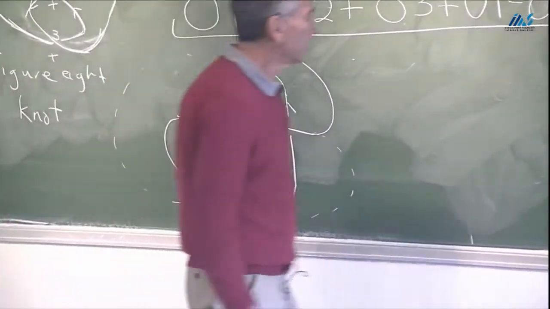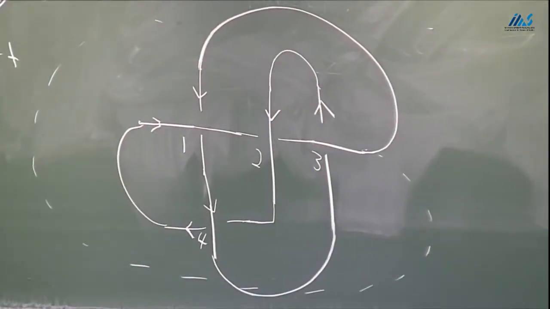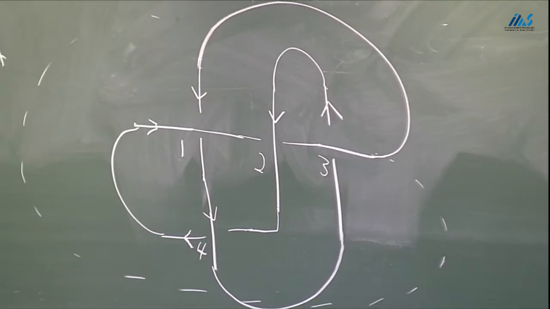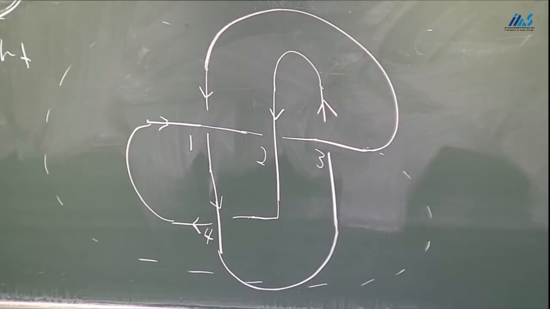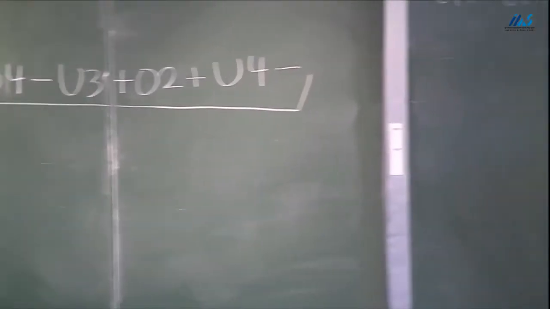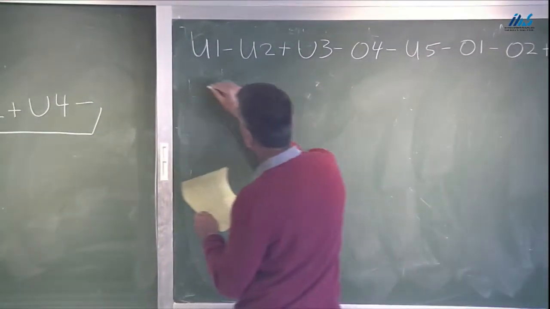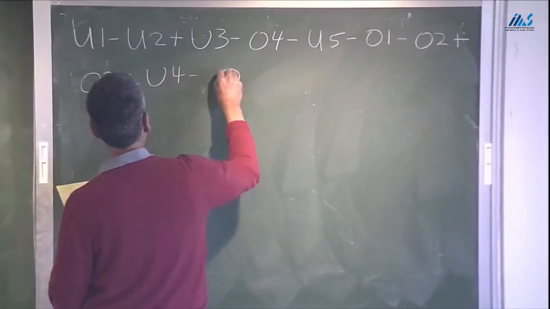We've reconstructed it. All right, let me give you an exercise. Reconstruct a knot. I'll give you the code. So this is a 5-crossing knot.